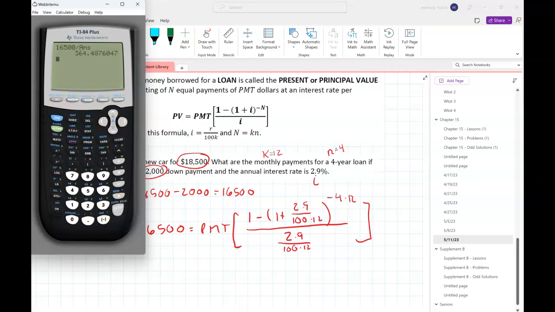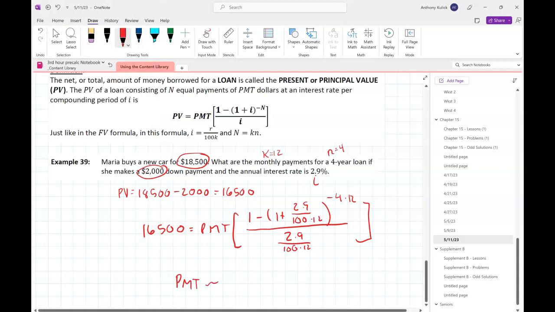So when I do that, I get 364.49. So you're paying about $365 a month for your car payment.